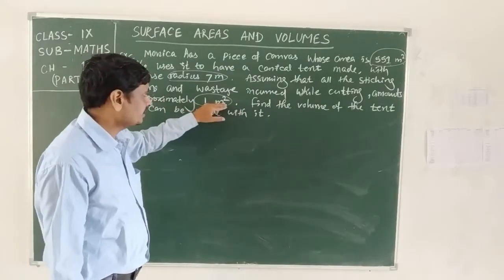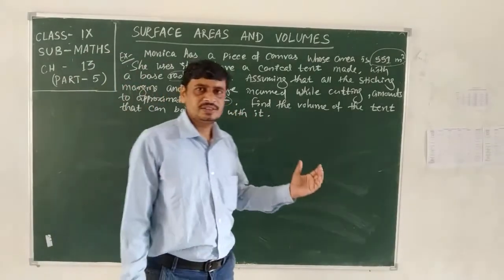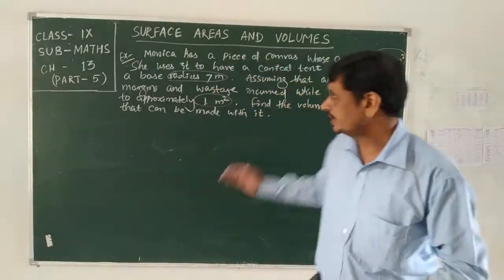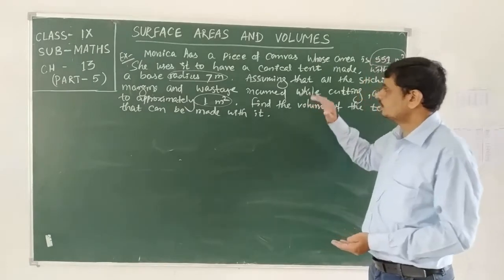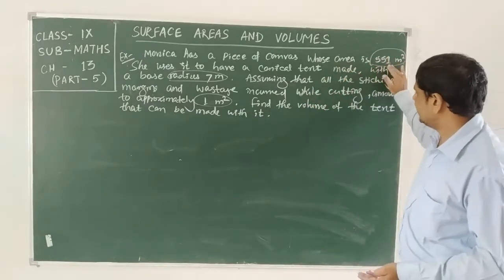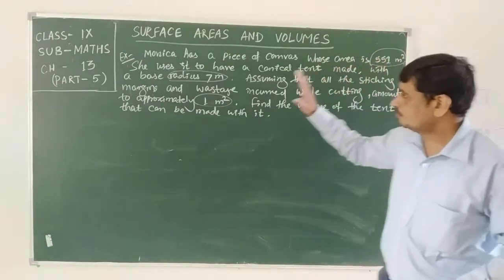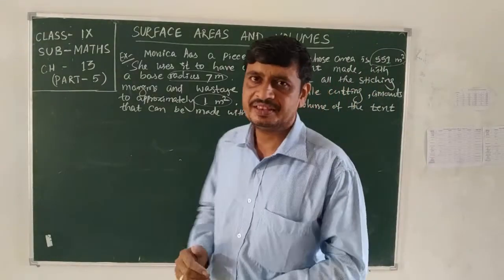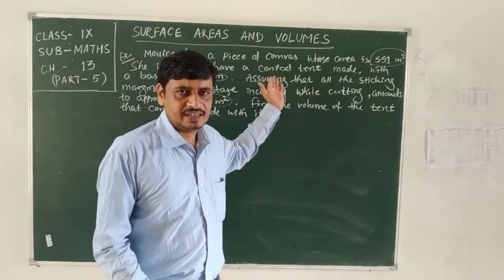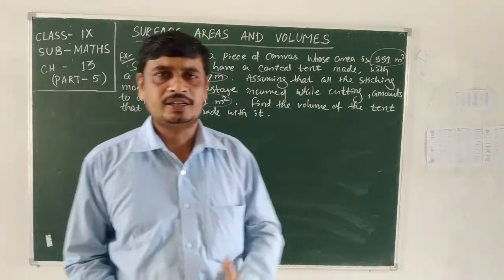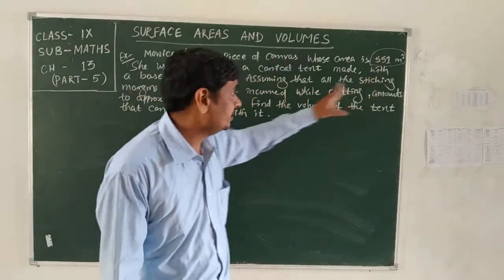So this 1 meter square will not be involved in the area of the conical tent. From this 551 meters square, if 1 meter square is unused, then the area of canvas used to make the cone is 550 meters square.